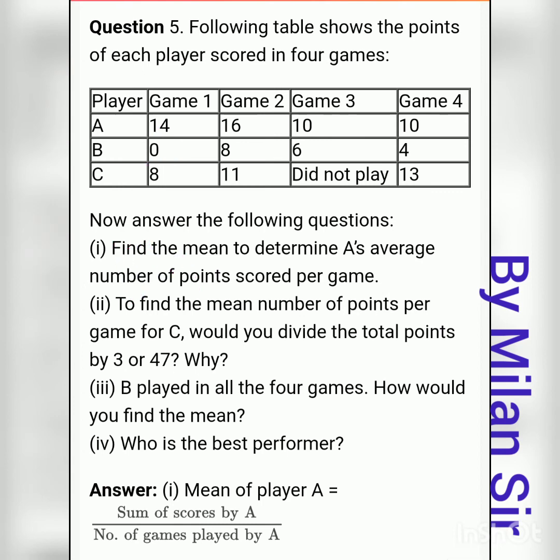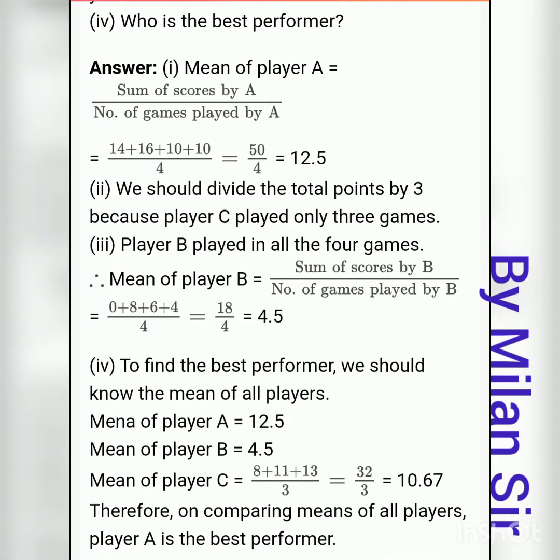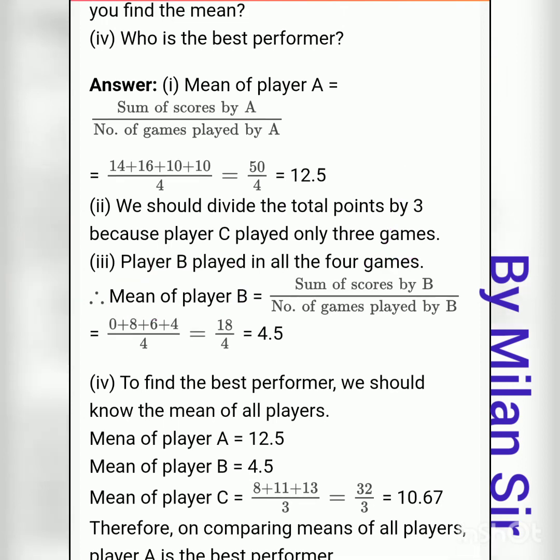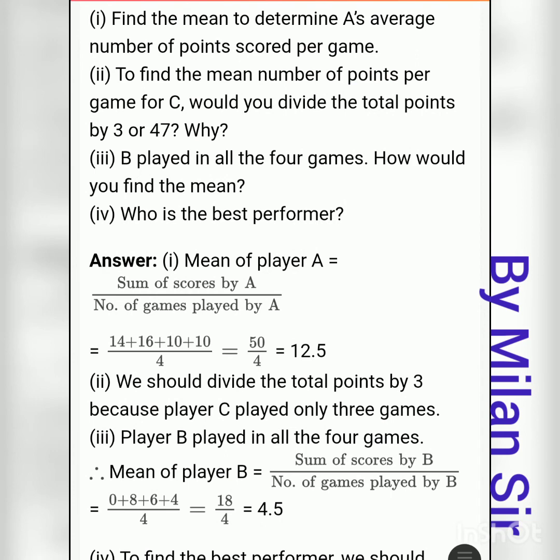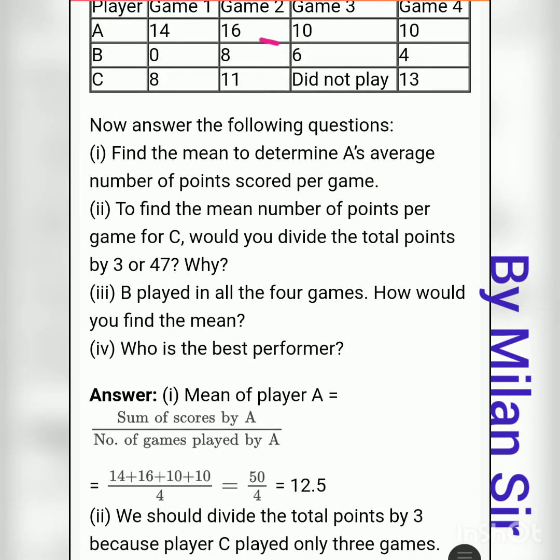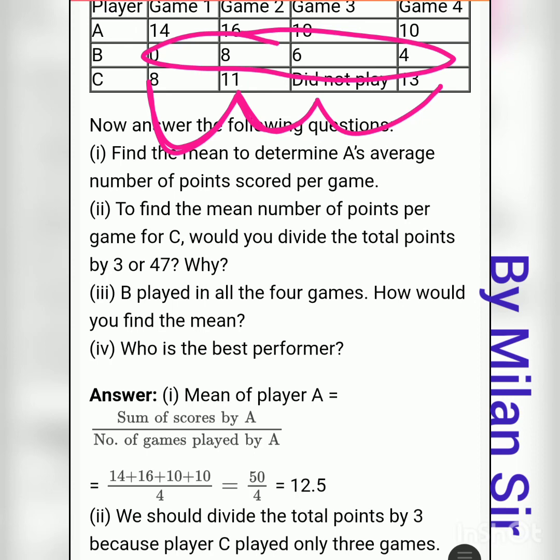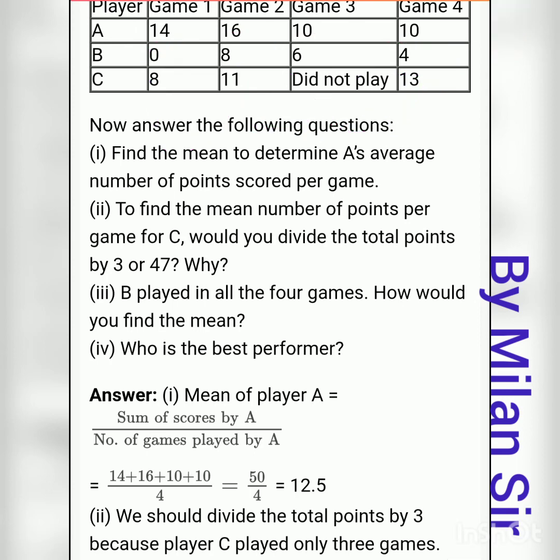So the mean of player B. Again the same formula: sum of the numbers divided by total numbers. Sum of all the observations divided by total observations. In the numerator we find the addition of these 4 values: 0 plus 8 plus 6 plus 4. So 0 plus 8 is 8, 8 plus 6 is 14, 14 plus 4 is 18.